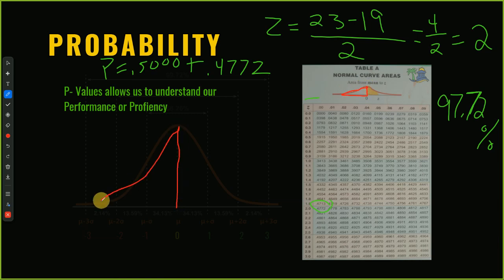So as we draw this, this then becomes that 50% or 0.500. And then we add it to our p-value of 0.4772, and that's going to be our z-score of up to here, right?